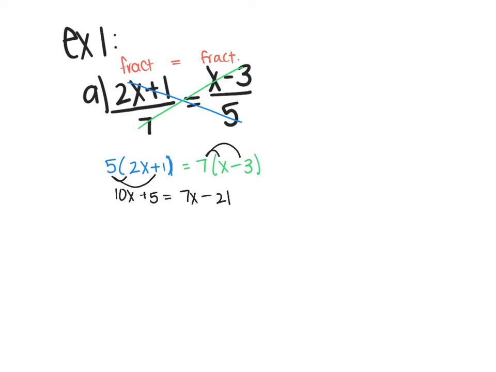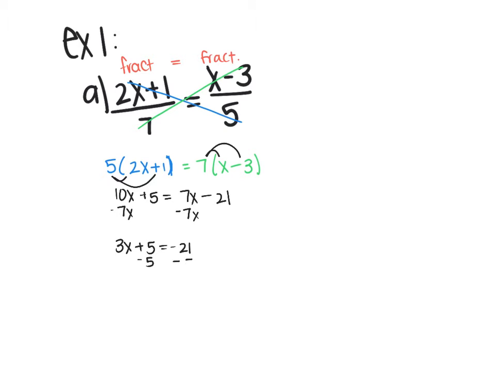Now this turns into a linear equation. I have no fractions, anything strange. I'm going to move all the x's to one side, all the not x's to the other. I always move the smaller x over, so I'm going to say minus 7x, minus 7x, which will give me 3x plus 5 equals negative 21. So now I'm working on moving everything away from the x.